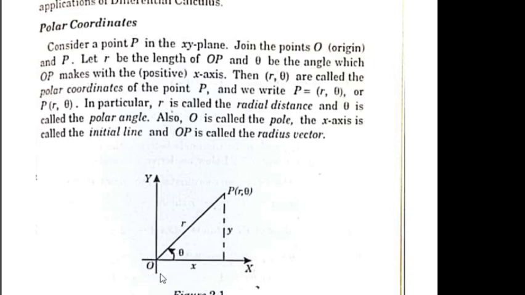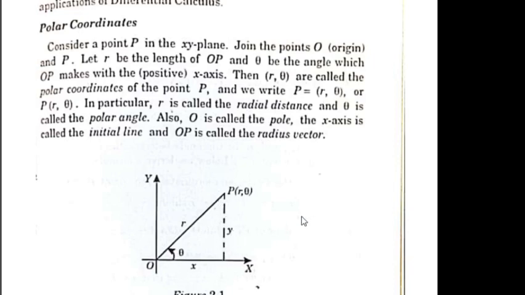Call this O. Then join the points O and P, and let r be the length of the line OP. Next, let the line OP make some angle with the x-axis, that is theta. Next, draw a perpendicular line from the point P on the x-axis, and that is y.